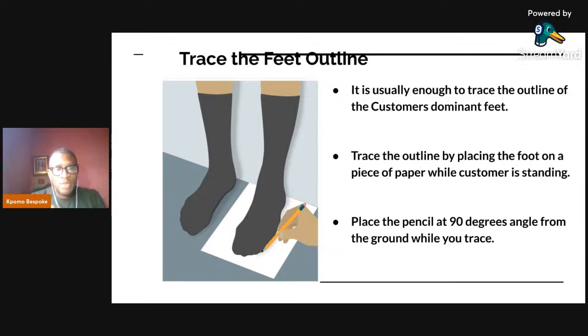The point is you measure an outline of their foot, then you measure the width from the widest points on their feet. Let's assume that you have this last, right?